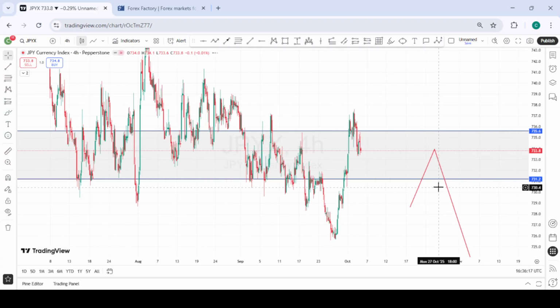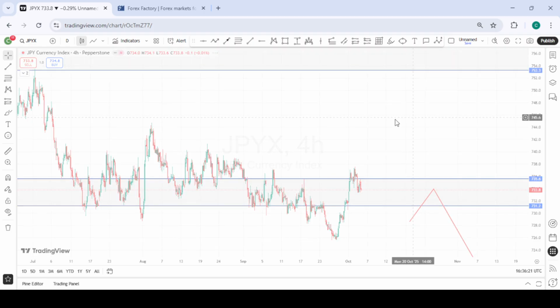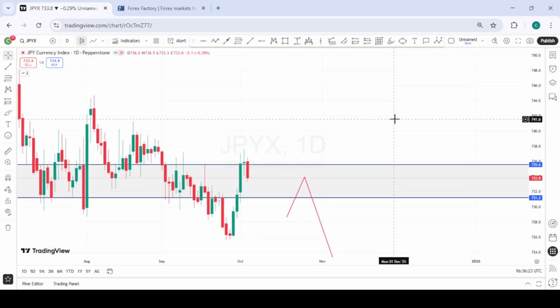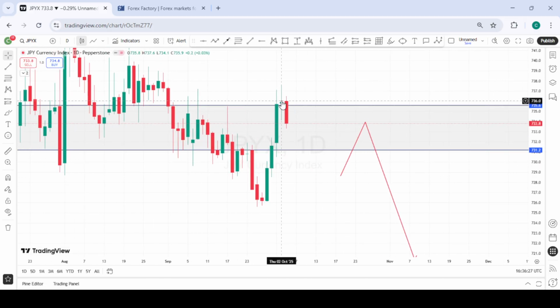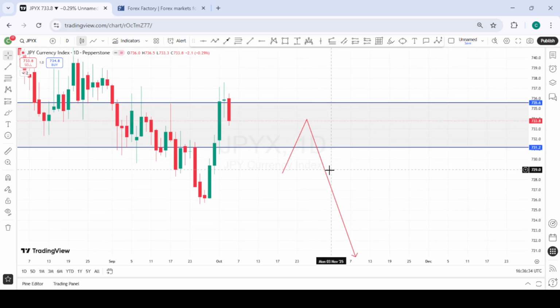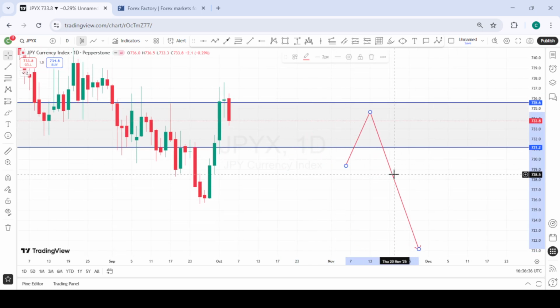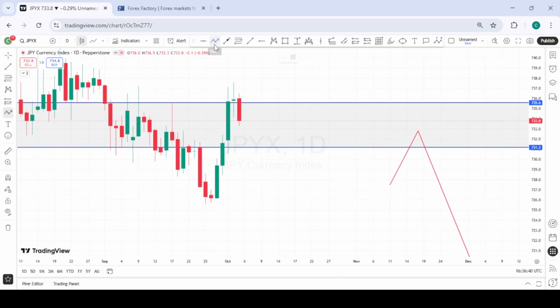We have here the Japanese yen index, and as of last week we were expecting price to pull back to this zone to give us a selling confirmation to the downside. Price came back to this zone and gave us a nice pin bar rejection and an engulfing candle. So going into next week, these are the two options we'll be looking out for on the JPY pairs or the JPY index.